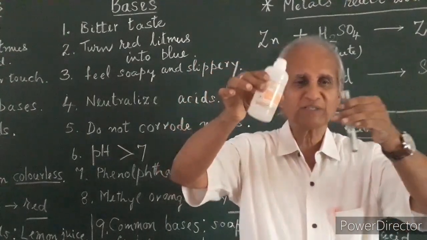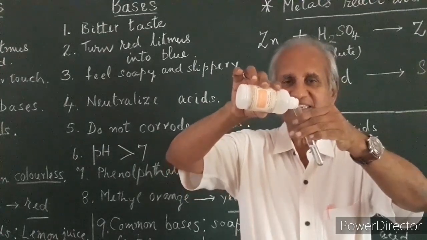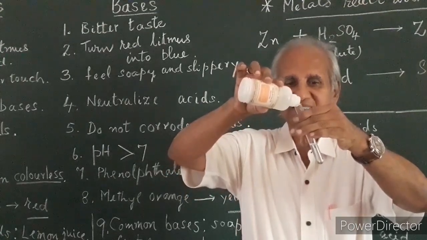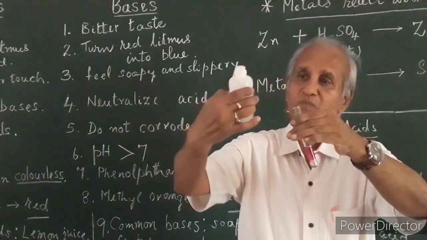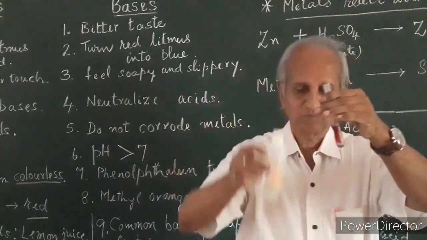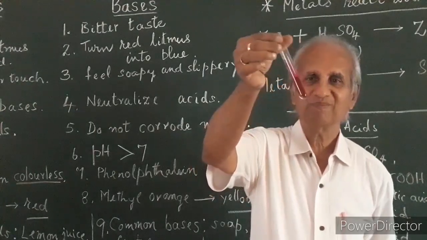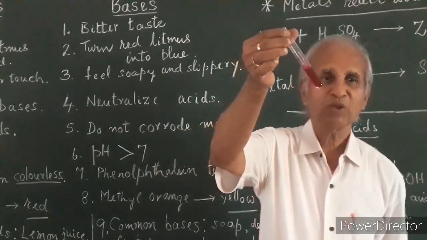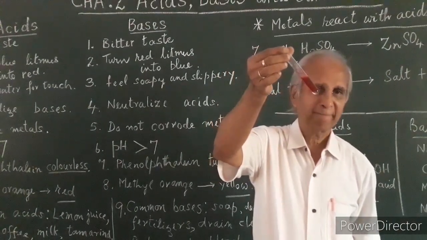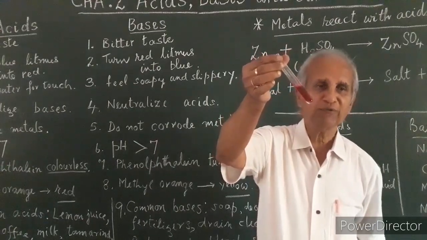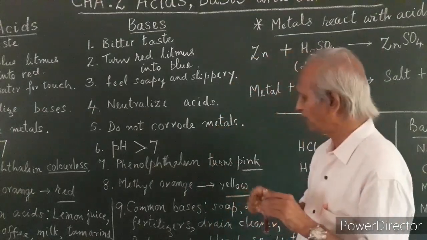I will add a few drops of phenolphthalein to sodium hydroxide, NaOH. NaOH is a base. See the change. The colorless sodium hydroxide solution turned into pink color when a few drops of phenolphthalein were added. So that's what is written here.